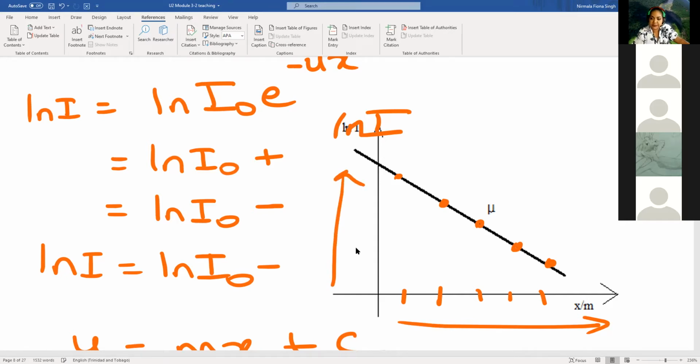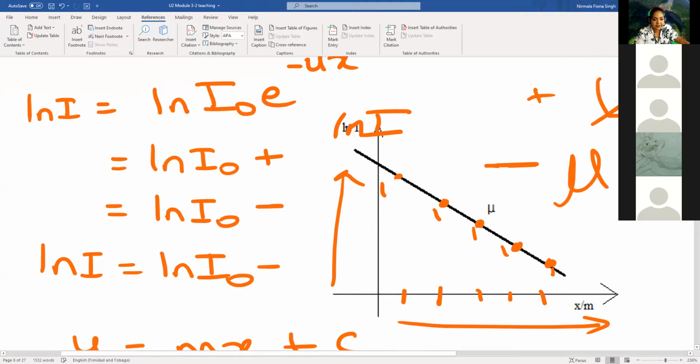The thicker your material gets, the smaller and smaller your intensity is going to get. So that's how we end up getting a negative graph. The negative graph indicates we are decreasing in value. A positive graph always means that we are getting larger. Right? A lot of students still don't wrap that around their mind for some reason. But let's get it out now.